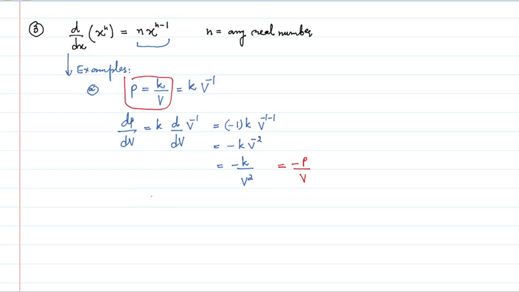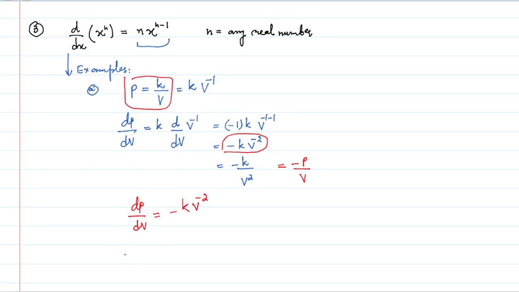Now if we want to take the second differential of this equation, suppose we have dp upon dv equal to minus k upon v raised power minus 2. This is the first differential.